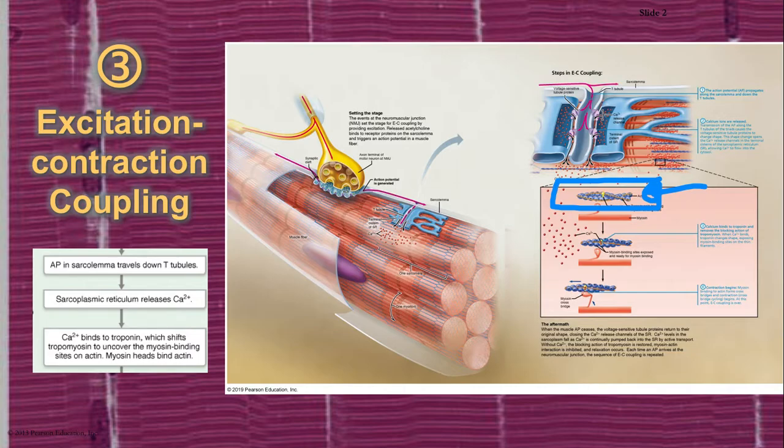Okay. So now that the myosin binding sites are open, the myosin can grab onto the actin and move it. And we're going to get a muscle contraction. Exciting, right?